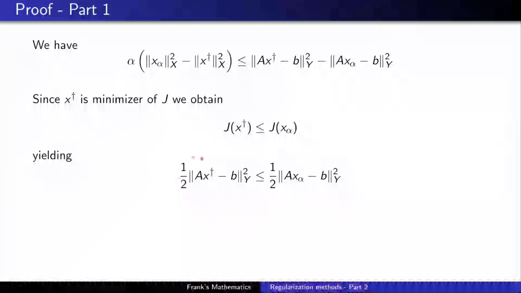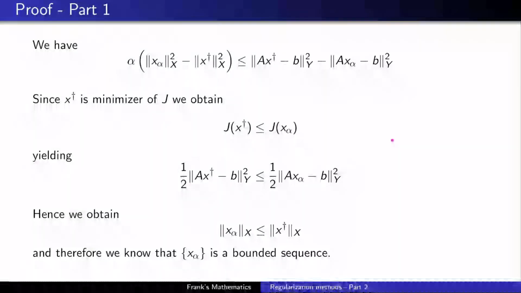Forget about the fraction here, this can be eliminated. So in other words, the norm of x alpha is less or equal than the norm of x dagger, and this holds true for all alpha. So just by rearranging some terms and using the fact that x alpha and x dagger are minimizers of j alpha and j respectively, we derived that x alpha is a bounded sequence. So this now was quite easy. This finishes part 1.